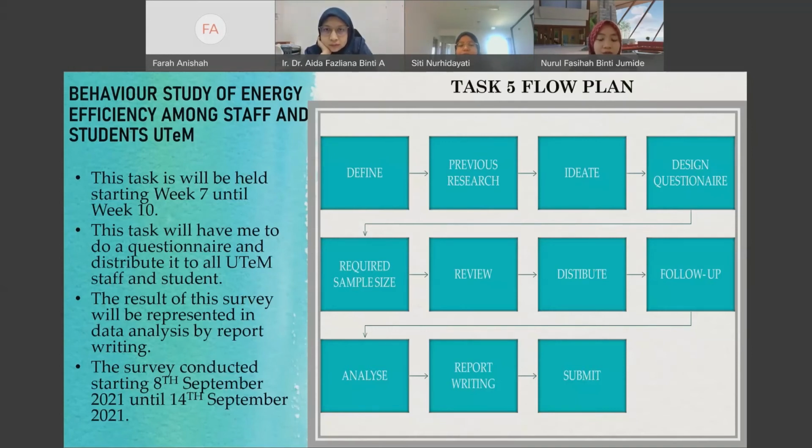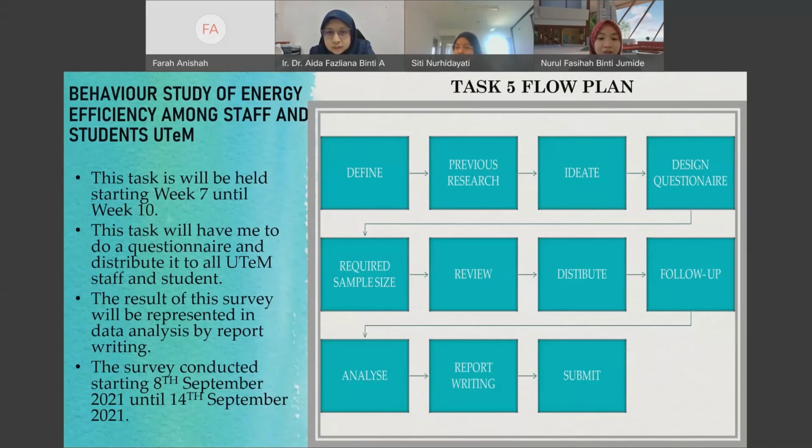After that, I reviewed my plan and proposed it to my supervisor, and my supervisor asked me to make some improvements and add some questions about the effect of the pandemic on energy consumption at home. After getting all the improvements and approval, I started to distribute the survey and followed up on the ongoing statistics of how many people had answered it.